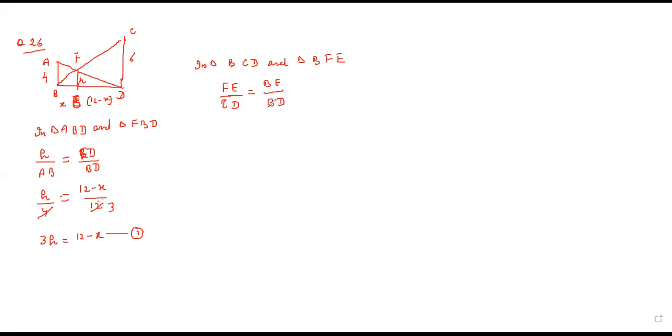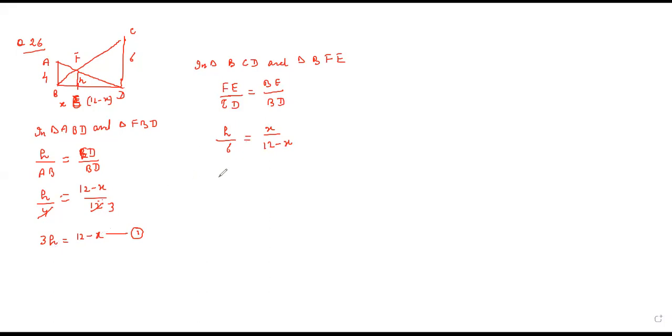So this is H upon CD, which is 6. BE is 12 minus X. So the value of 12 minus X is 3H.